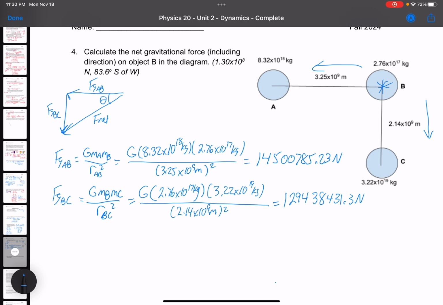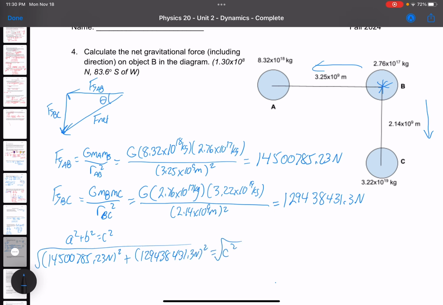But now to find my F net, I'm going to do a squared plus b squared equals c squared. So it's going to be those two numbers up there, squared plus squared, so I can square root each of these sides.